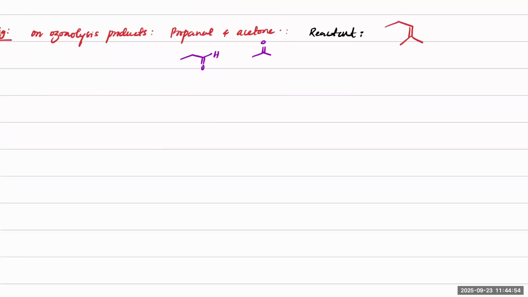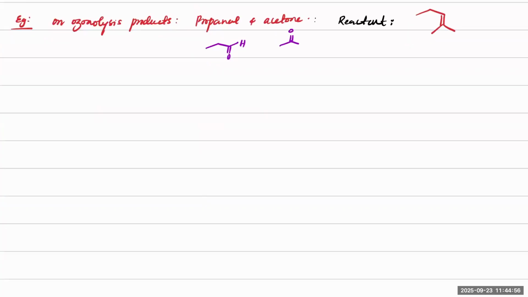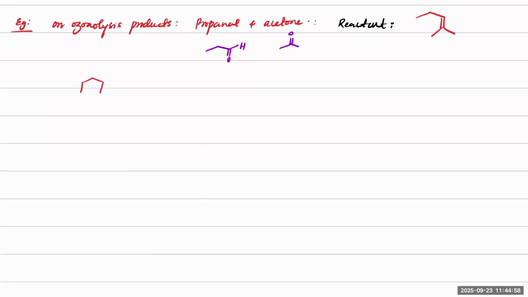Otherwise, more examples from ozonolysis are about benzene, how it breaks down. Benzene, if you react with O3, you will get 3 moles of glyoxal. And whatever I'm doing is reductive ozonolysis, right? Similarly, if you have xylene, xylene actually has two resonating structures, and both resonating structures might give you two different forms.